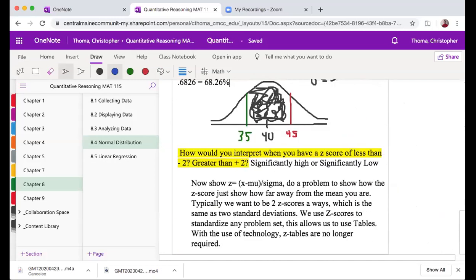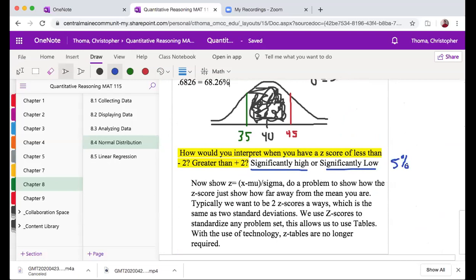So this is where we get this thing about being significantly high or significantly low, anything that's outside the 5% range. And there's nothing more than just this become a number that we're comfortable with in statistics. If we're within 95% of the mean, we consider that to be normal.